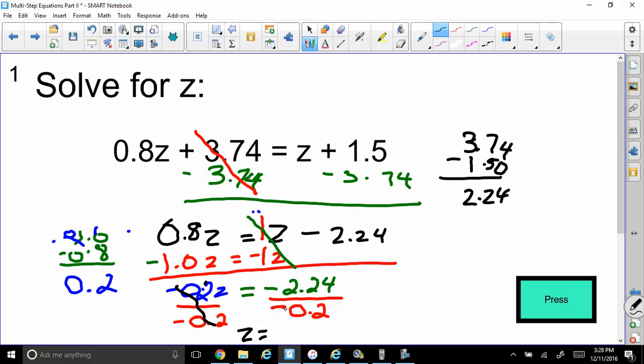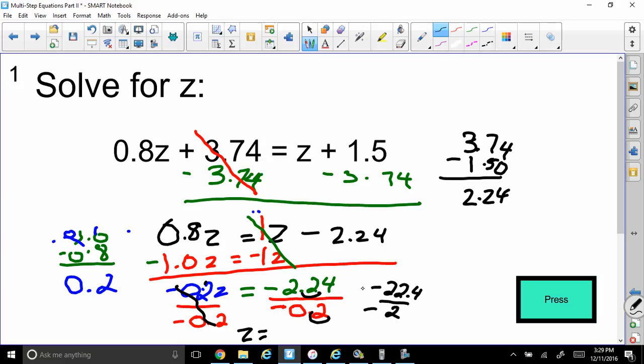Now all I have to do is divide negative 2.24, and I'm going to make that negative 22.4 because you're not allowed to divide by decimals. You're supposed to move them over to make them a whole number to divide by. So I'm not allowed to divide by negative 0.2. I can divide by negative 2 because I moved the decimal point over.